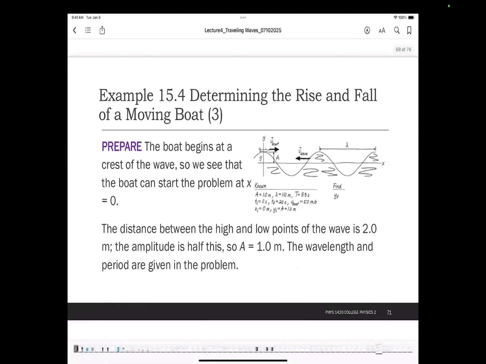The distance between the high and the low points of the wave is 2 meters, which means what? The wavelength is 2 meters, am I right?